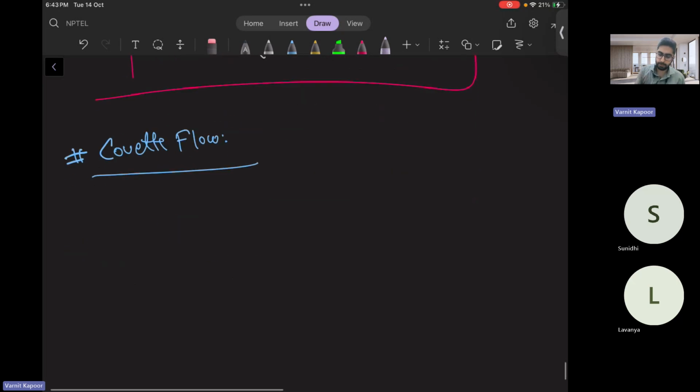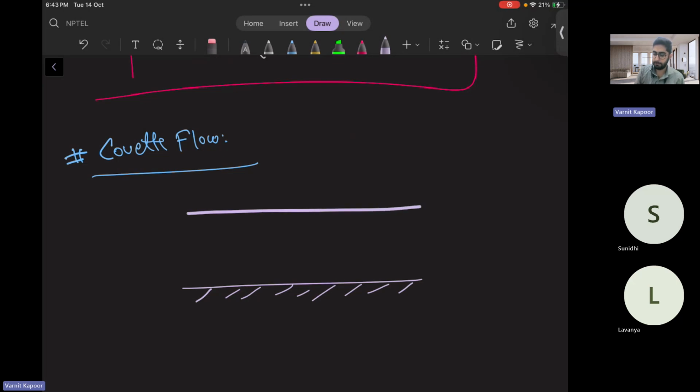So let us say we have a fixed base plate and the above plate is moving with velocity V of the fluid itself. Okay, and this is again between the plates, so it is h. Okay, this is your center line.